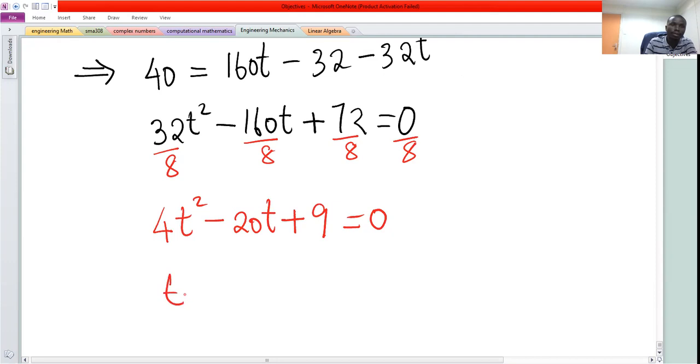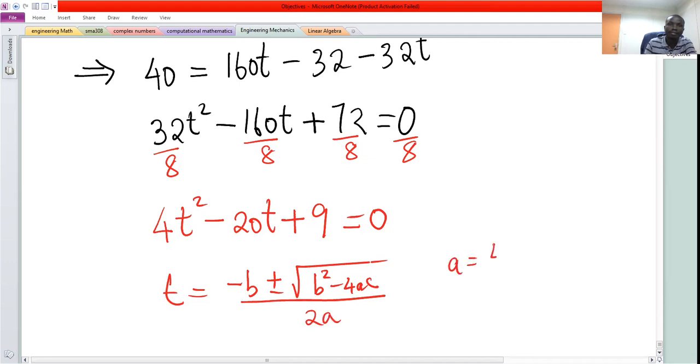Then we use quadratic formula. T will be minus b plus or minus square root b squared minus 4ac over 2a, where our a is 4, our b is minus 20, and c is 9.